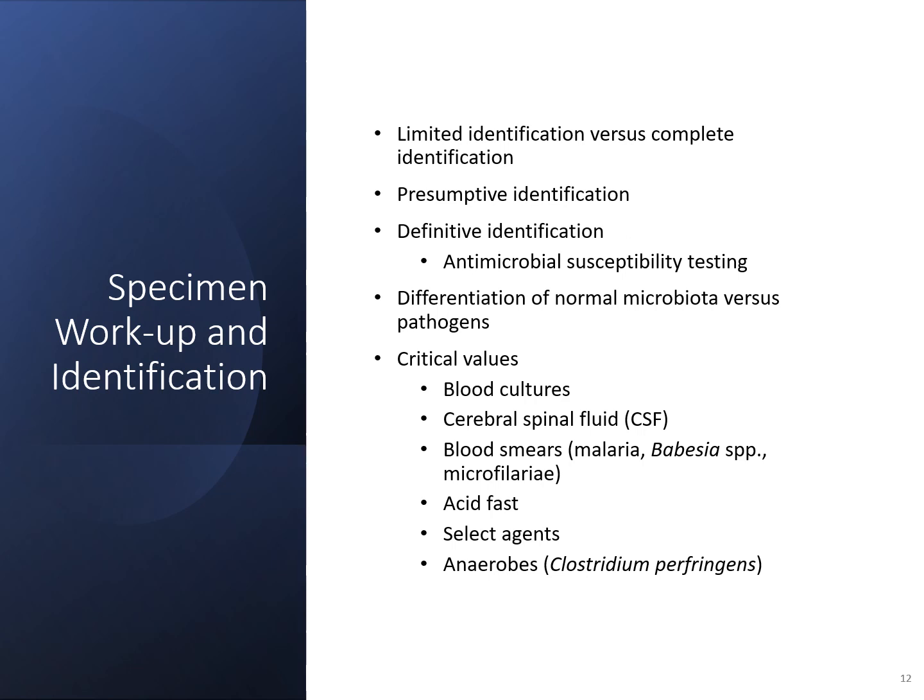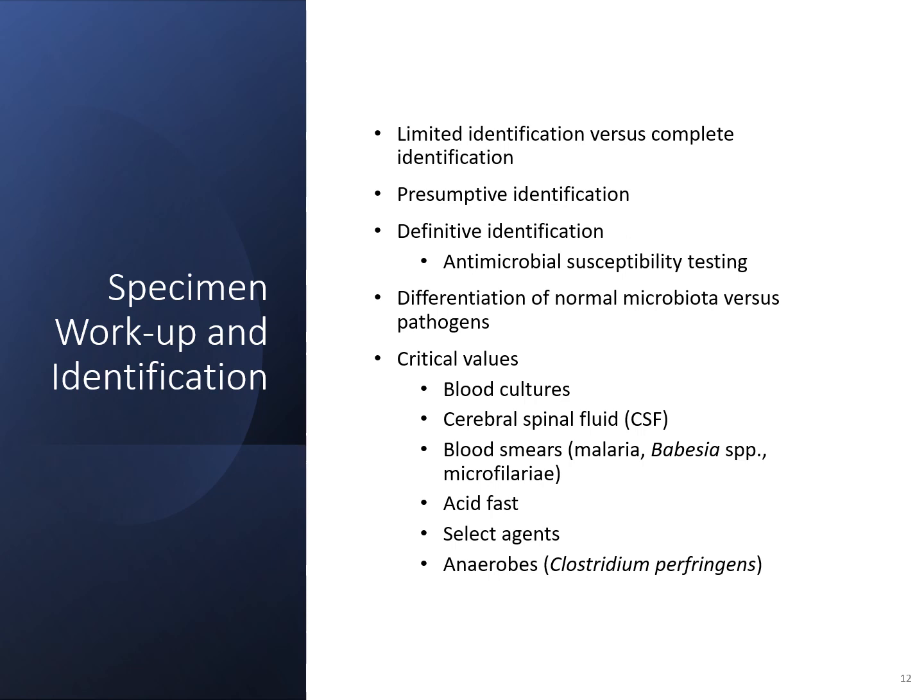An example of this would be a stool culture in which you have normal microbiota within the intestinal tract, and you need to be able to differentiate which bacteria is normal versus something that may be a pathogen like Salmonella or Shigella.